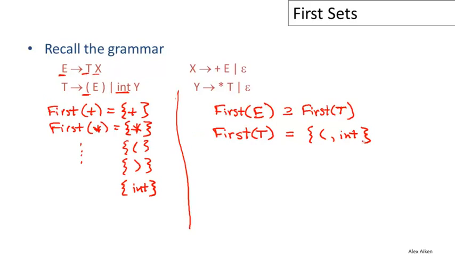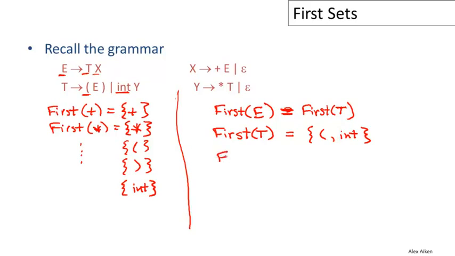The first of T always generates at least one terminal symbol. And so there will never be a situation in which X can contribute to the first of E because T is always guaranteed to generate at least one terminal. So in fact, this subset that we wrote up here is not a subset at all, it's an equality. The first of T and the first of E are equal. So the first of E is also open paren and int.